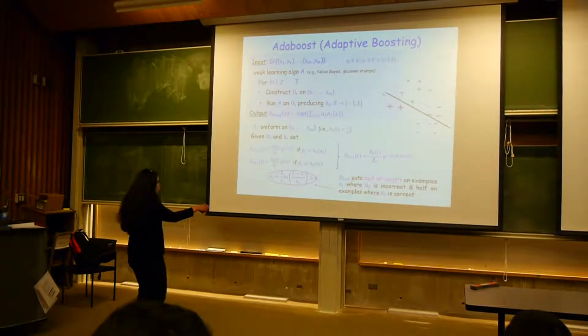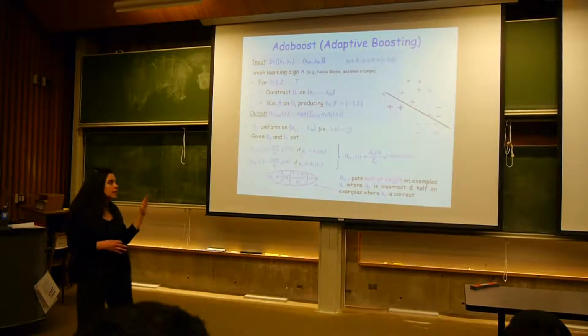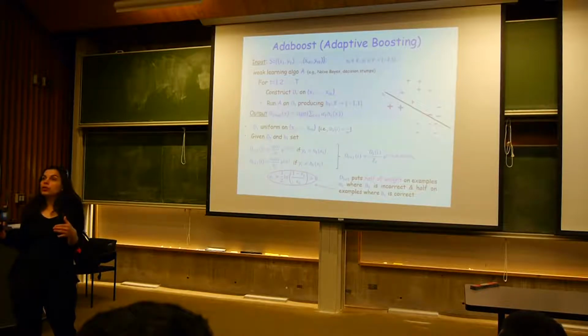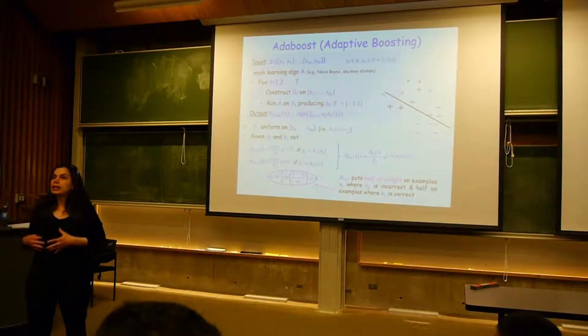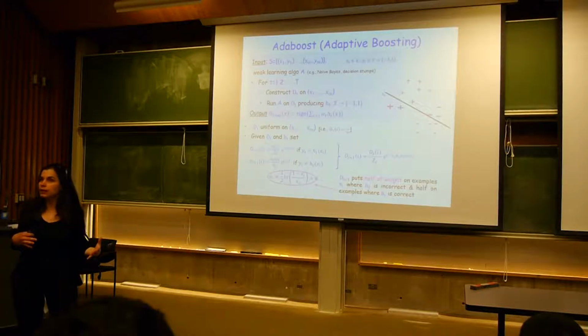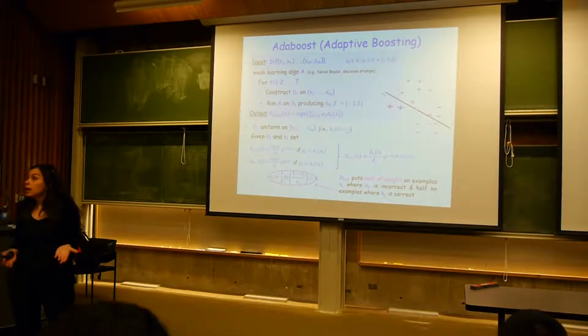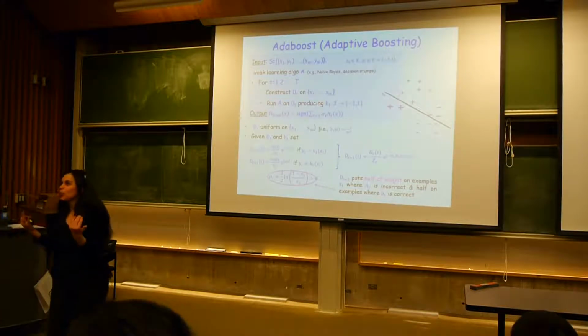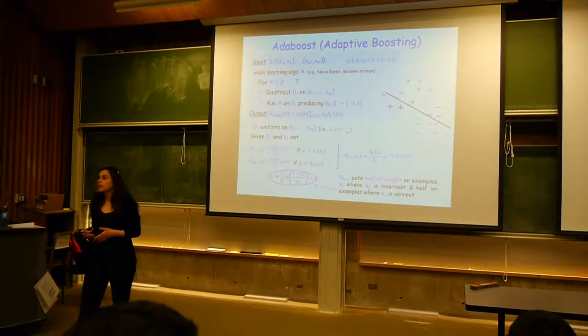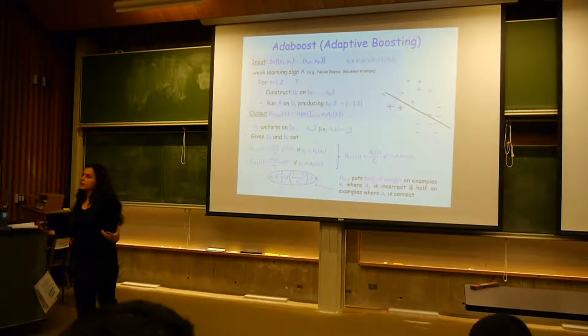So this is the formula here, but really what AdaBoost does is very simple. The way you create a new distribution Dt+1 is by increasing the weight on the examples incorrectly classified by the current weak learner, and decreasing the weight on the correctly classified examples. So I'm trying to focus on harder examples.